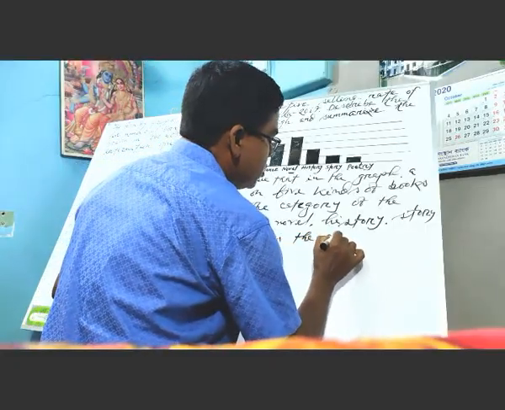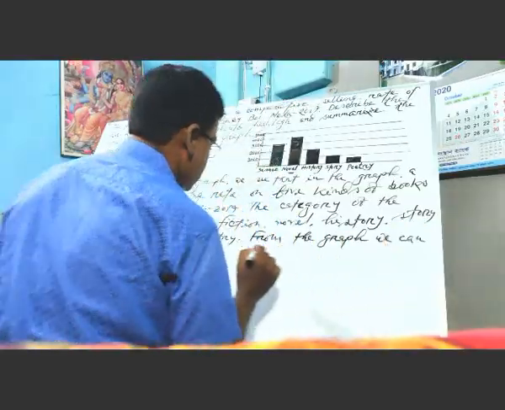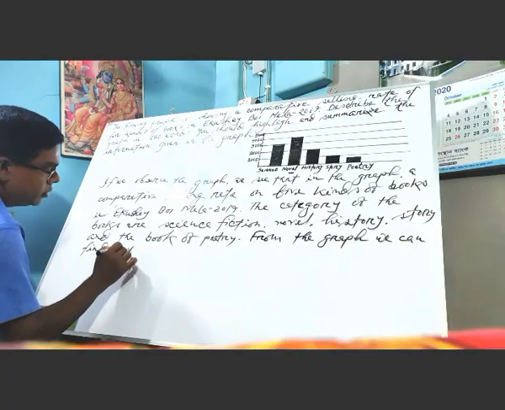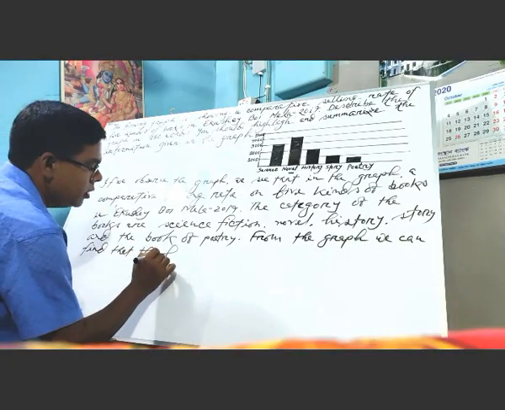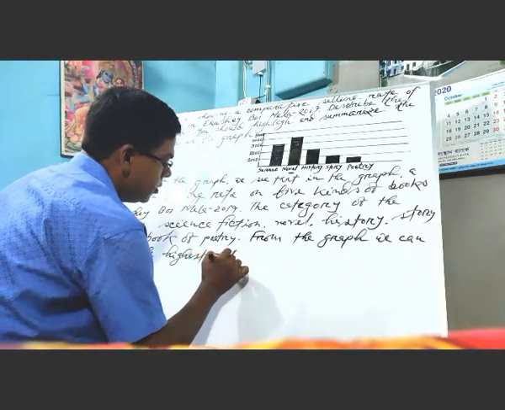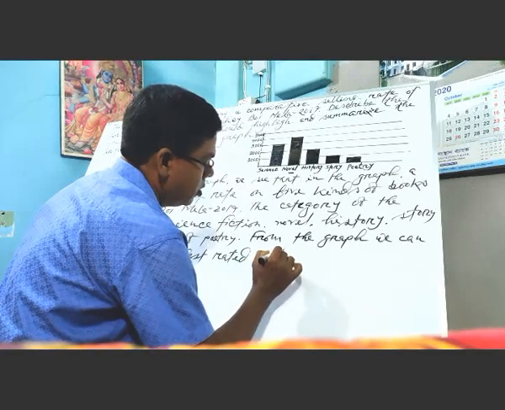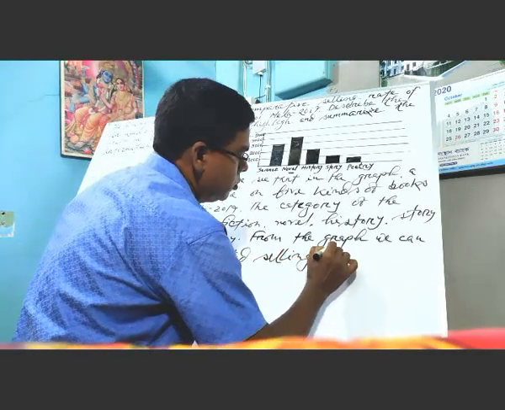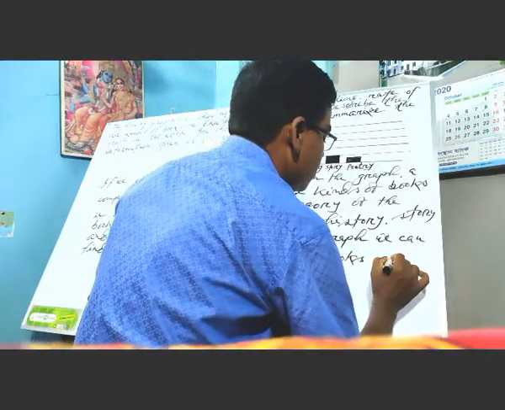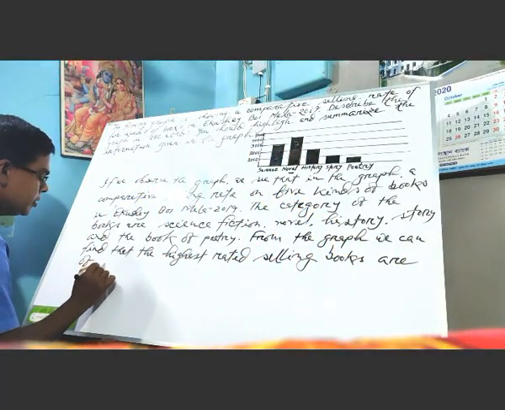From the graph we can find that the highest rated selling books are of science fictions.